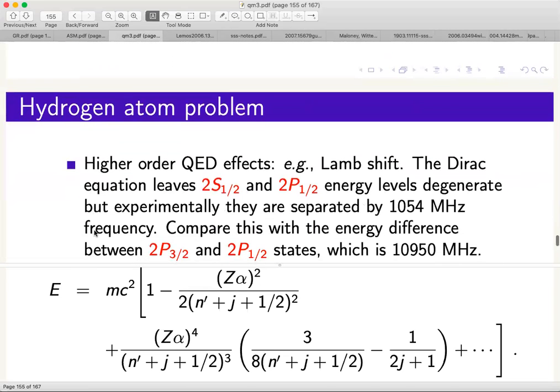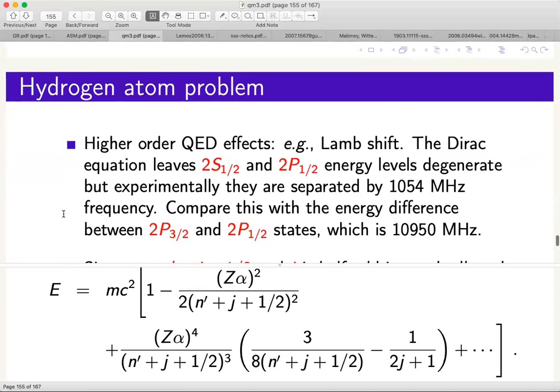Fine. The third thing that we could look at are what are called higher order quantum electrodynamics effects. For example, the Lamb shift is one of the effects, and this is the one where if you look at the spectrum, then you find that for principal quantum number 2, the S half state, that means L is equal to 0 and S is equal to half, and the L is equal to 1 and S is equal to half state, these two states are degenerate.